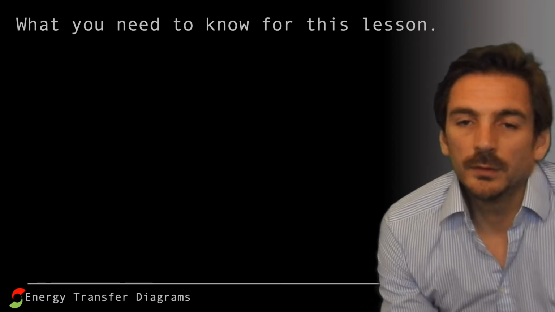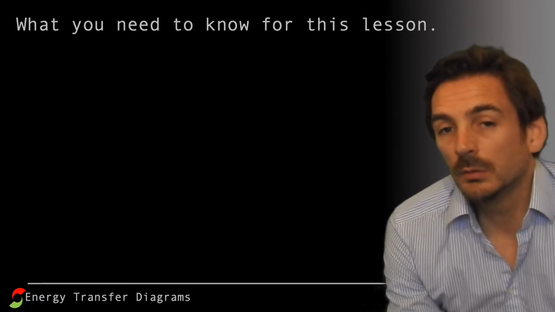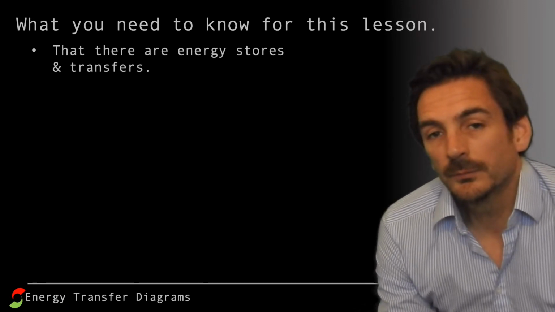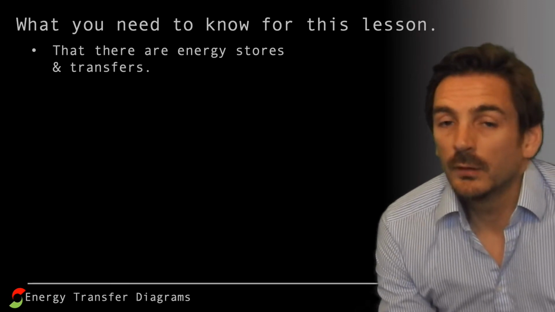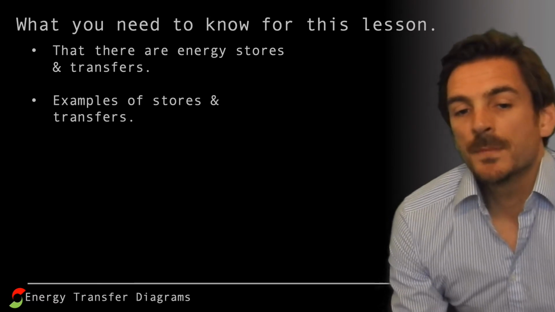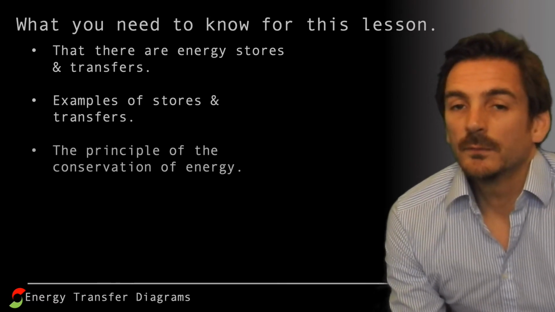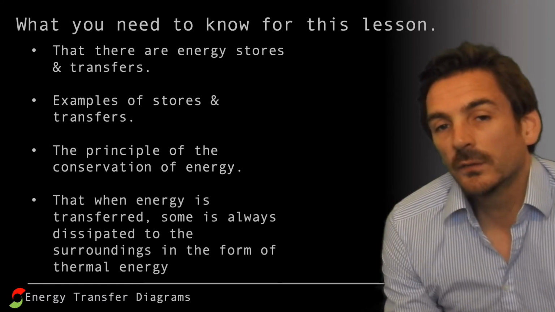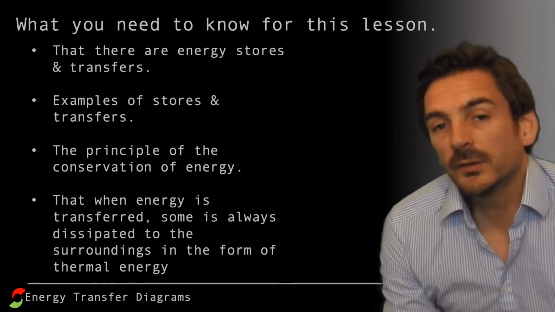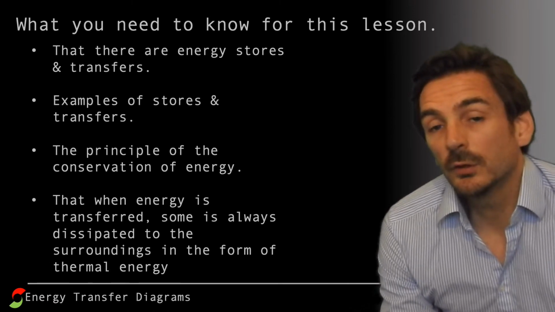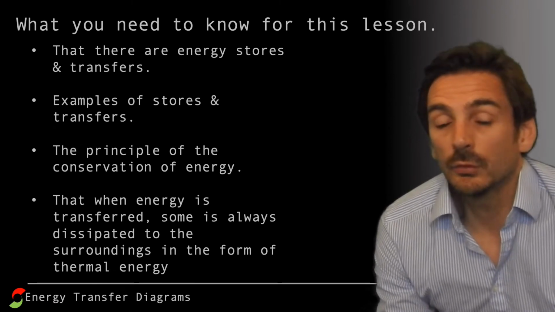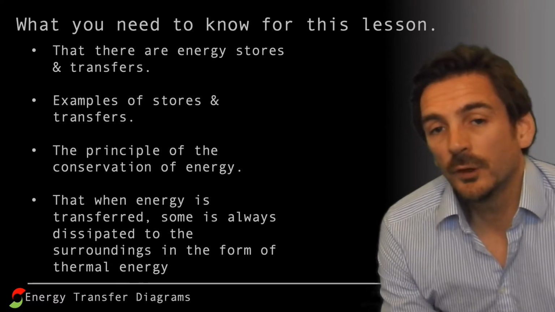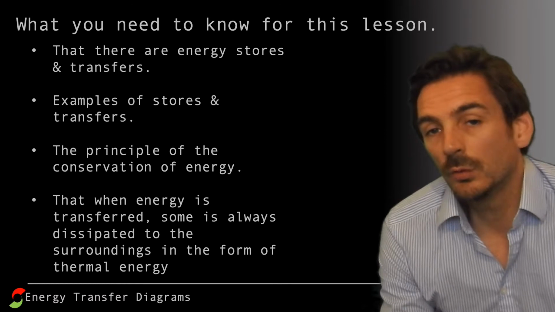To start off with, things that will help you here are having an understanding of energy stores and energy transfers, examples of energy stores and transfers, the principle of conservation of energy, and also that when energy is transferred between stores, not only is some of it transferred into useful stores or transfers, but some is also transferred to the surroundings in the form of thermal energy, and we call that dissipated or wasted energy.